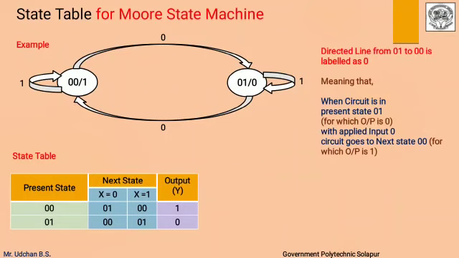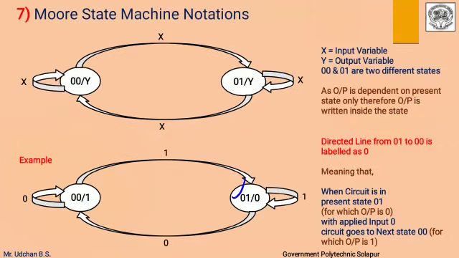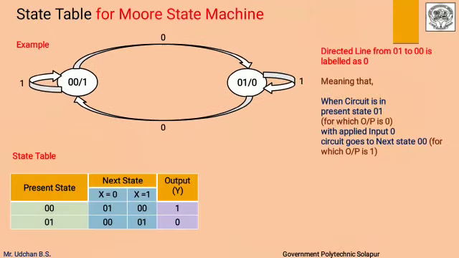Now here, if you observe the output for Mealy state machine, we have written output y for x0 and x1, as it is dependent on the present input. But in case of Moore machine, the output is dependent on only present state.